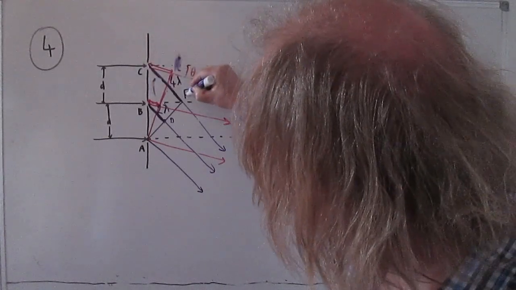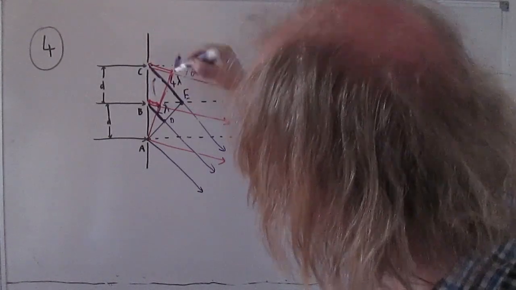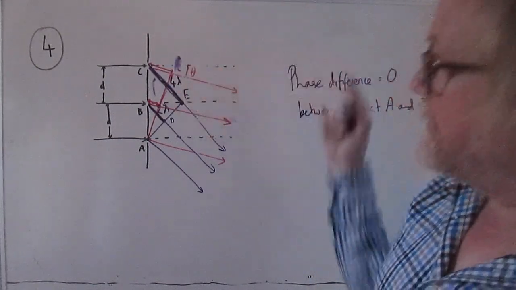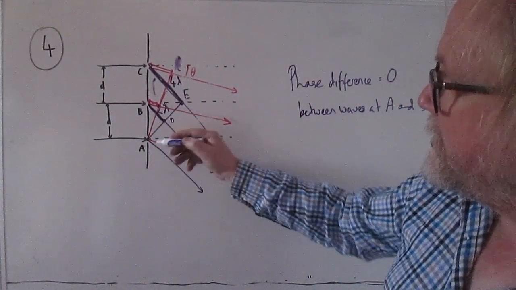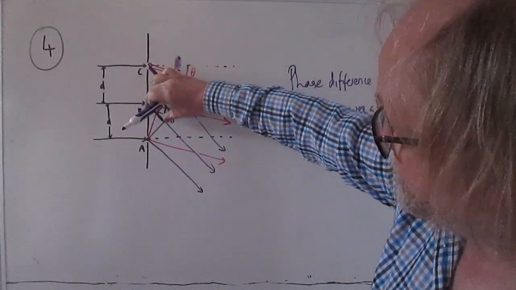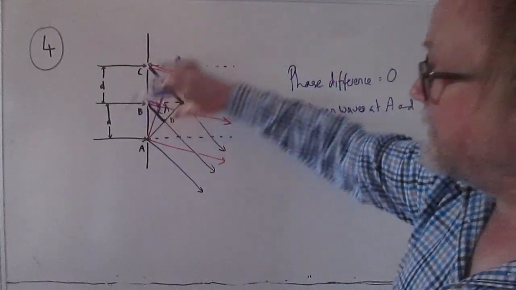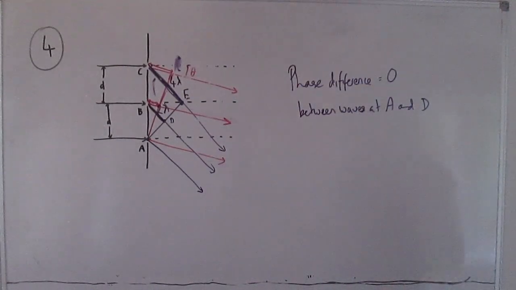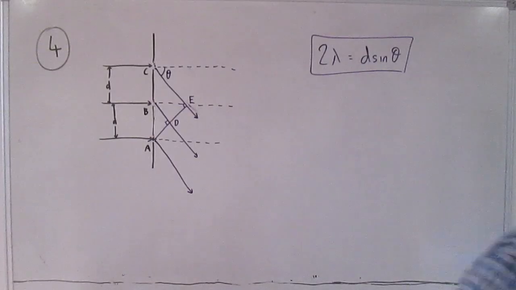This is E, right here, and we've said that is 4 lambda because we're looking at the second order image. So we've got a difference of 2 lambda between adjacent lines, then 4 lambda between lines, the next but one lines, like that. So 4 lambda is the answer to that question.